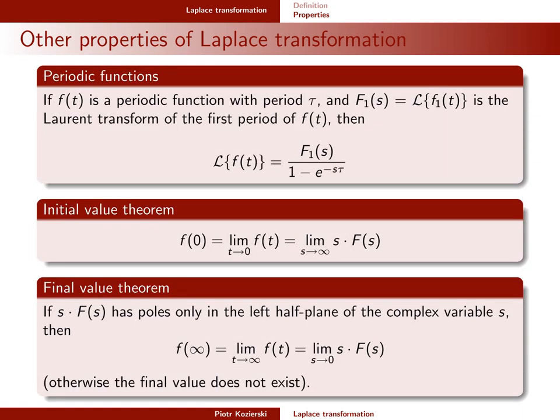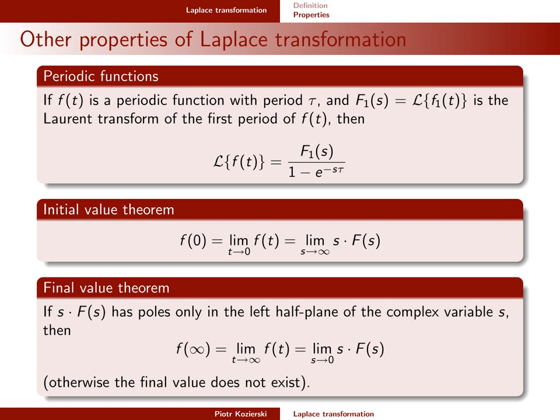In the case where the function is periodic, one must first calculate the transform of the first period of the function, F1 of s, and only on this basis can one determine the transform of the entire periodic signal. The last two properties are calculating the initial value and the final value. For the initial value, one should simply use the formula.